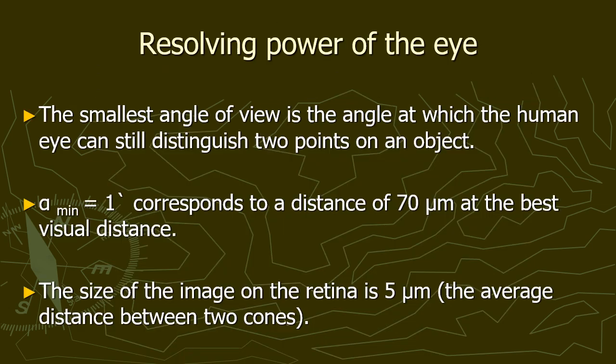The minimum angle of view, the smallest angle at which we will see two points of an object separately, two luminous points of an object, corresponds to 1 minute for a normal healthy eye. And this characteristic allows us to evaluate the resolution of the eye.